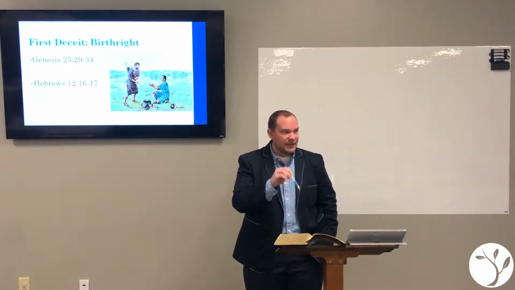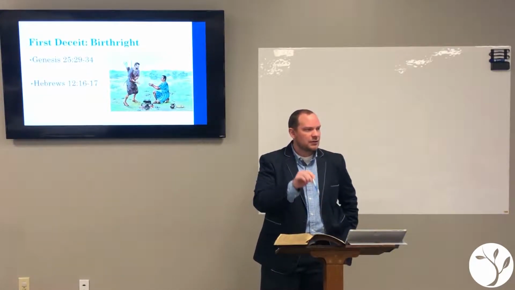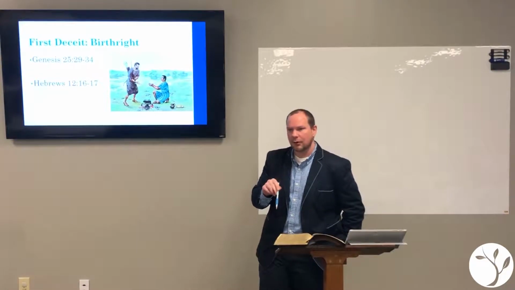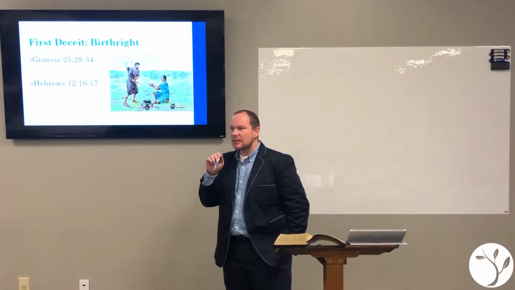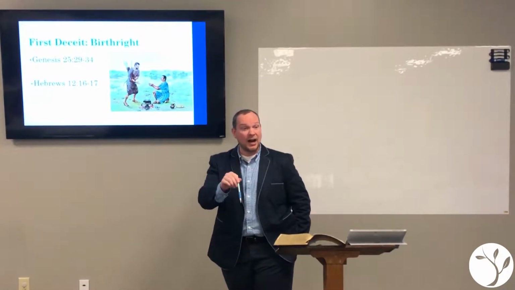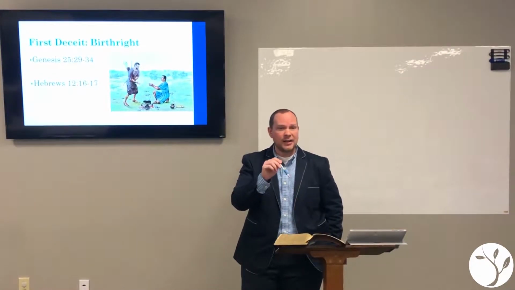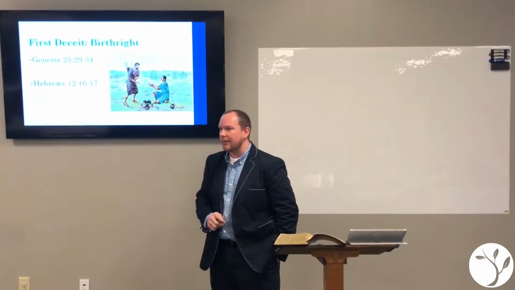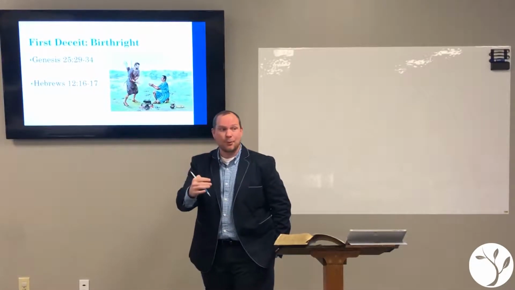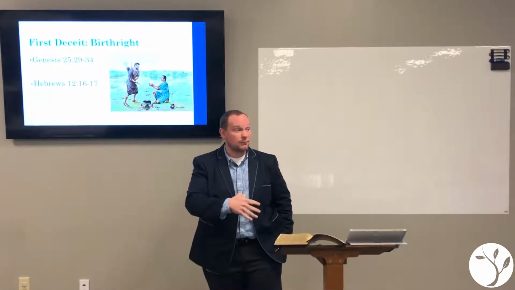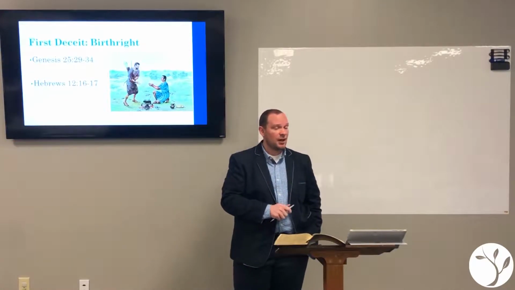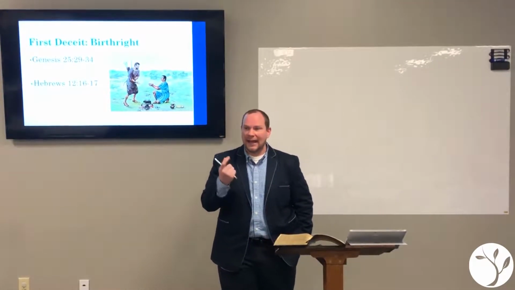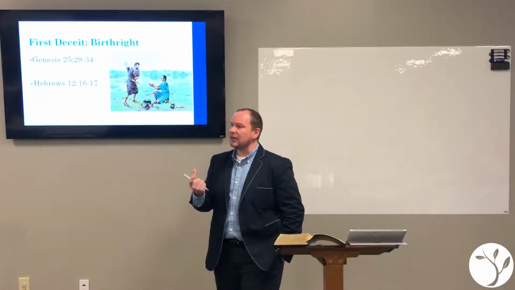But for this family specifically, there was another really important part of this birthright, and that was this covenant relationship with God. Because God chose Abraham and his family to make this covenant with, those patriarchs, Abraham, Isaac, and then what would have been Isaac's oldest son, would have been in that close relationship with God.